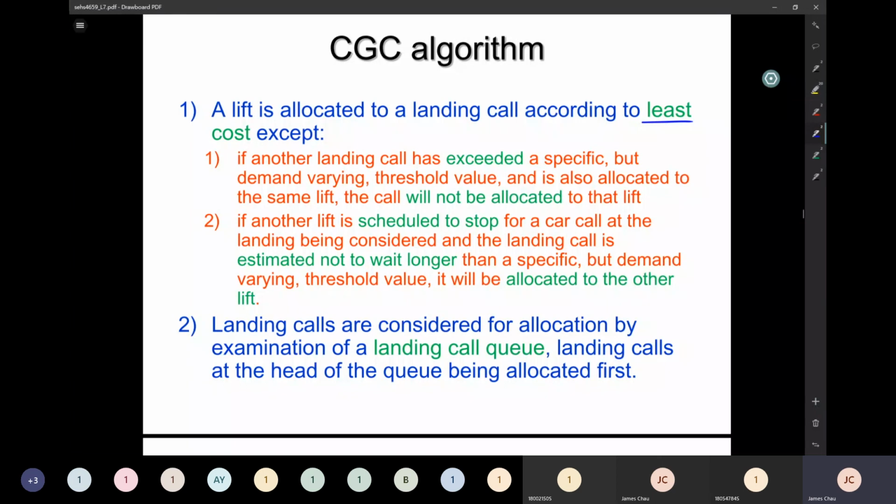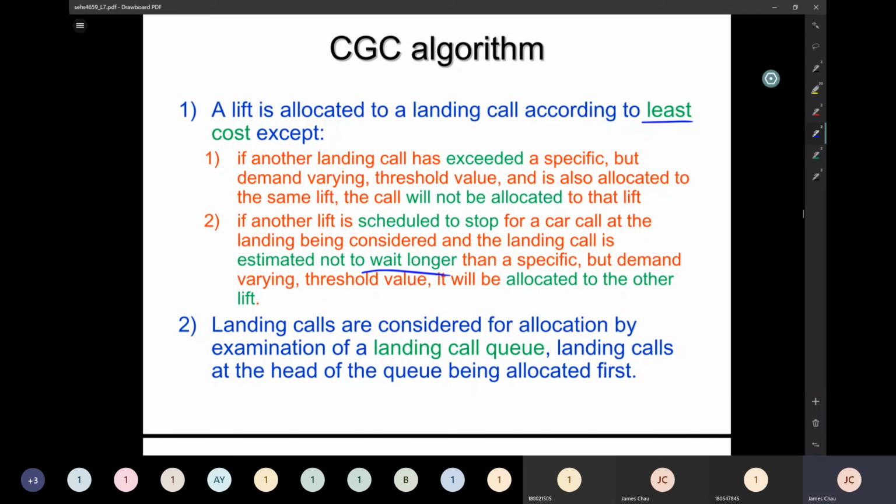Now, if another lift is scheduled to stop for a car call, that means it is going to answer a call. But at that time, it is receiving a landing call that has not been waiting too long, while the other passenger may be waiting for too long, then this call will be allocated to another lift.